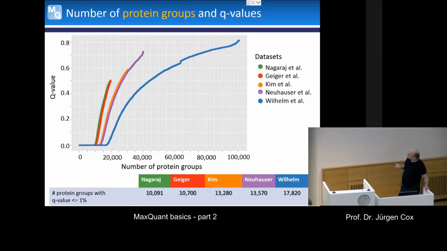For example, in this data set, 1% FDR would be very low here. You would cut the curves where they just start to climb up. And you see that your coverage can be any value between the true one and 100,000 proteins or something like this, depending on what protein level FDR you choose. So if you don't apply protein level FDR, it's completely meaningless to talk about coverage at all.